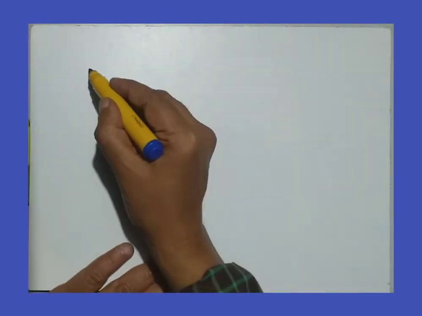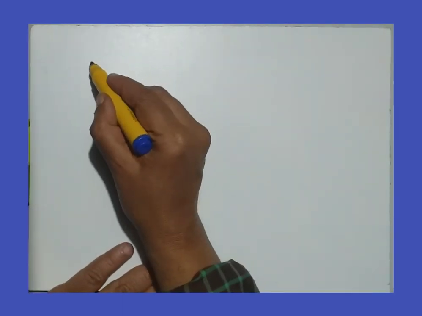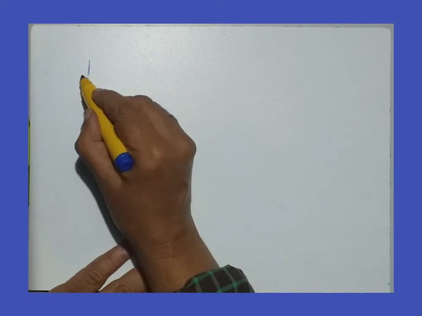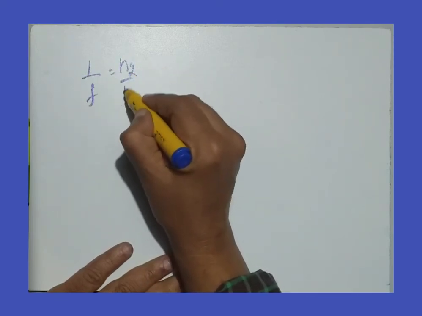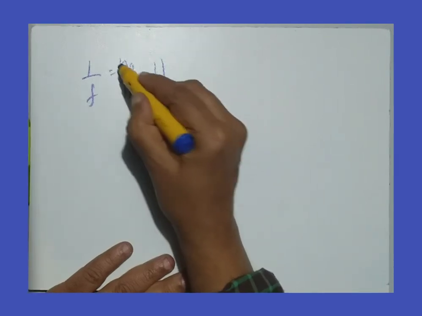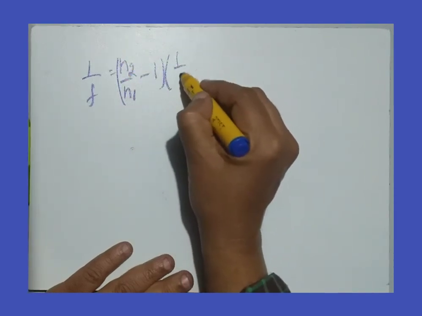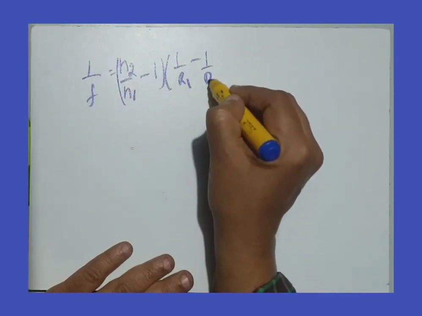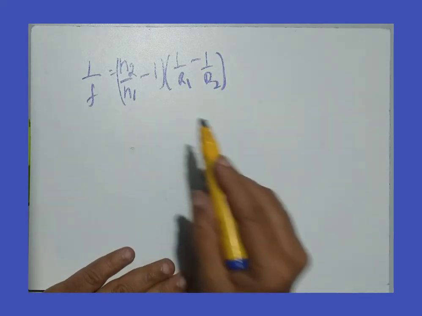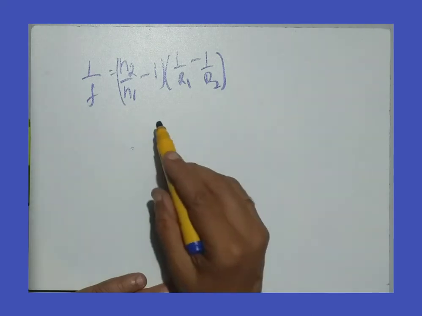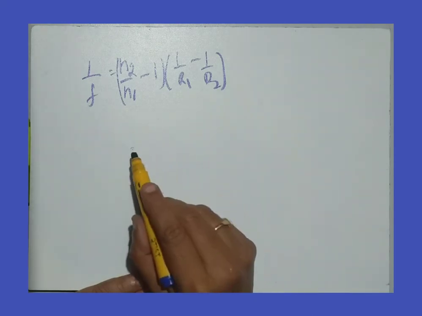This lens maker's formula has a speciality, and that is what we want to think of. It is valid even though we derived it for a convex lens; it is valid for a concave lens also.